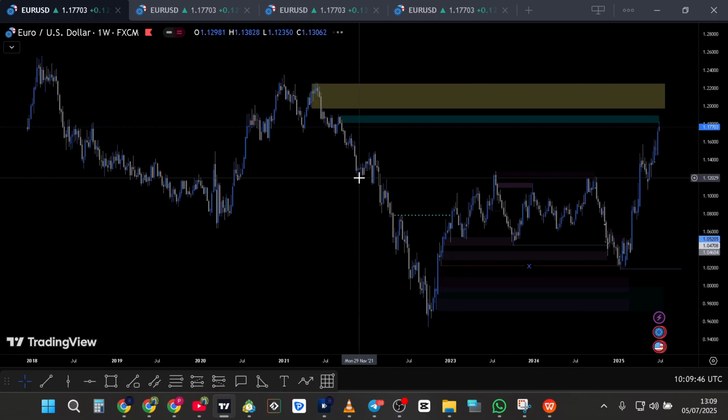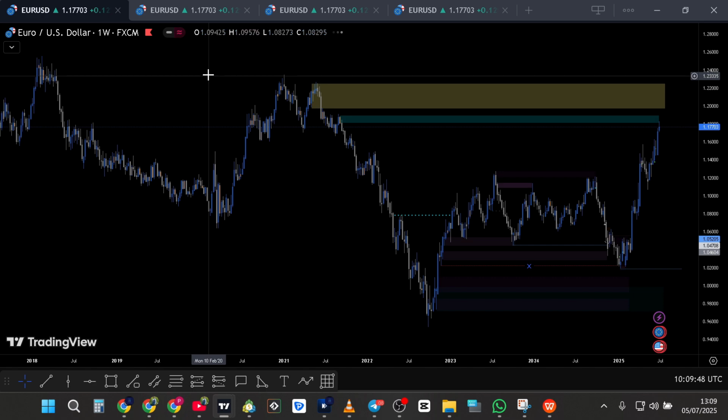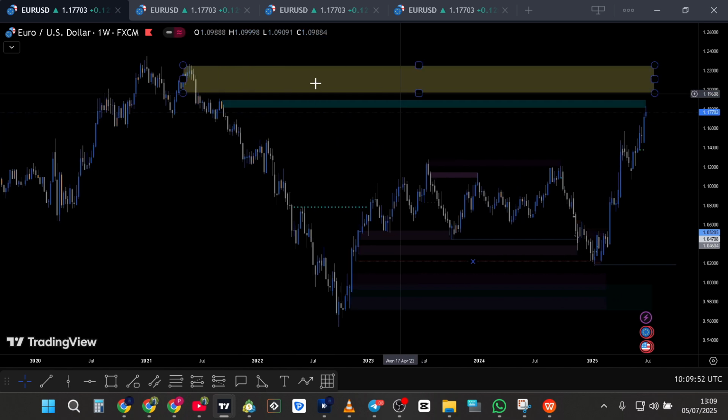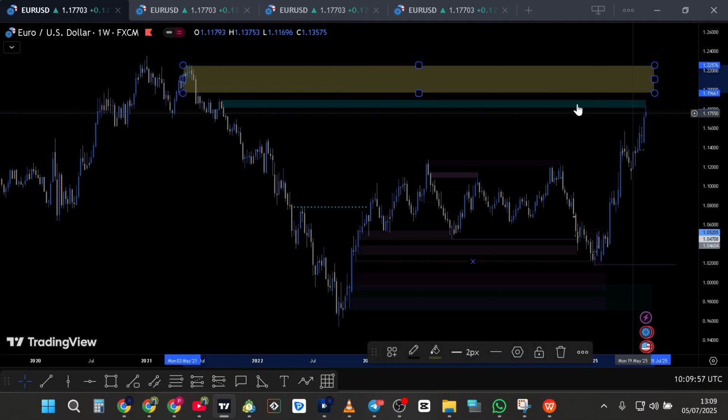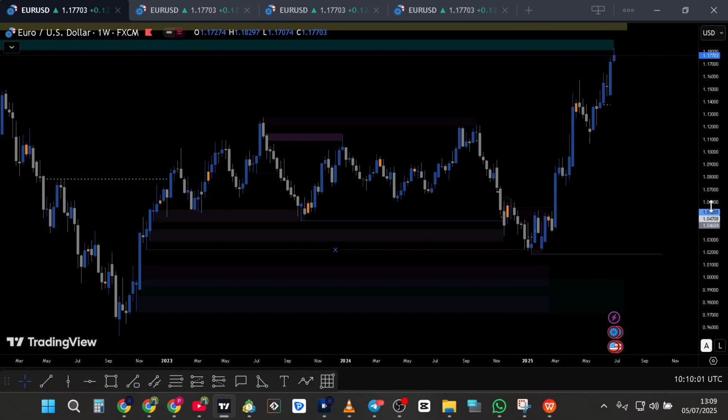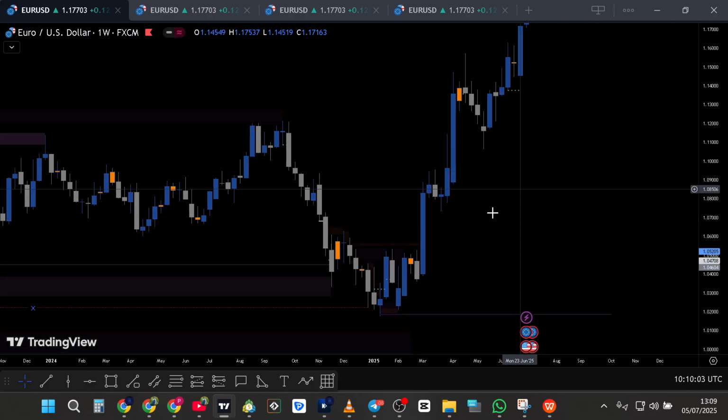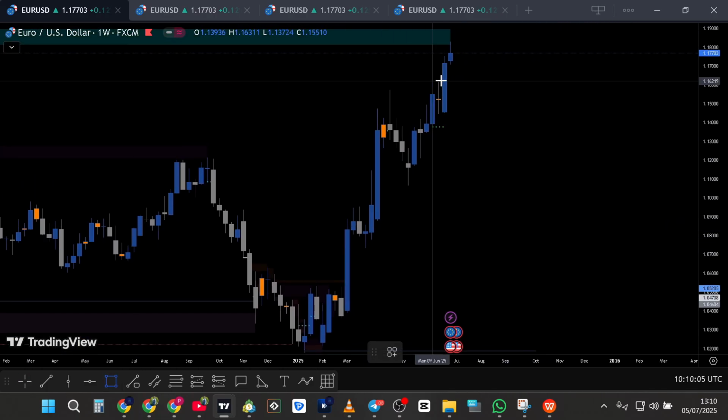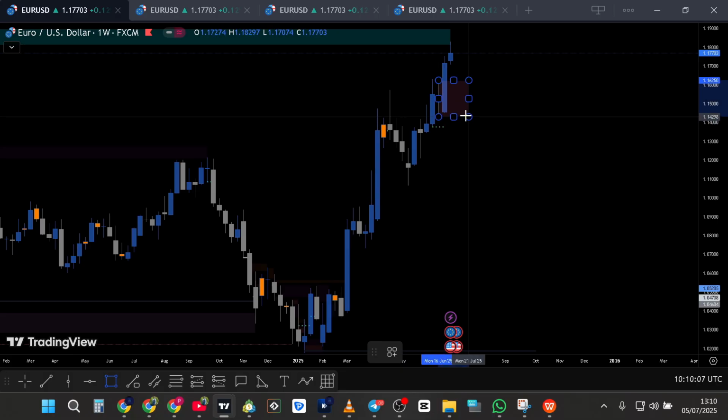So what I'm anticipating, I think that's the right word to use, is that price would be coming to this POI up here, and expecting maybe some reversals from there. For now, what I'll also be paying attention to is this POI here, because we had a slight pullback there.